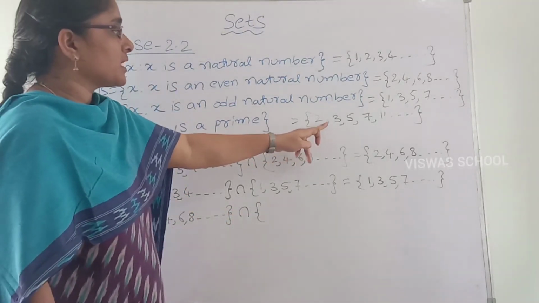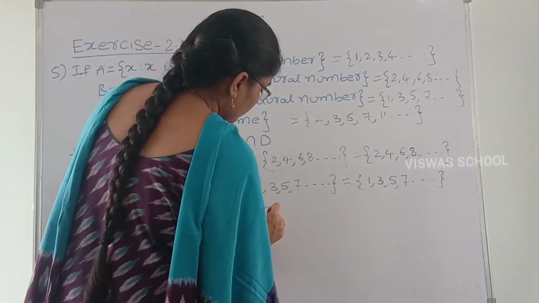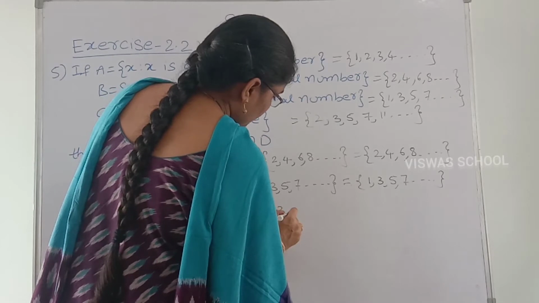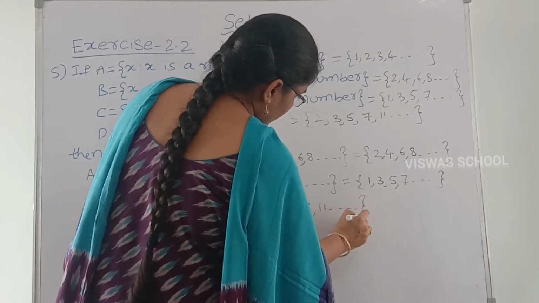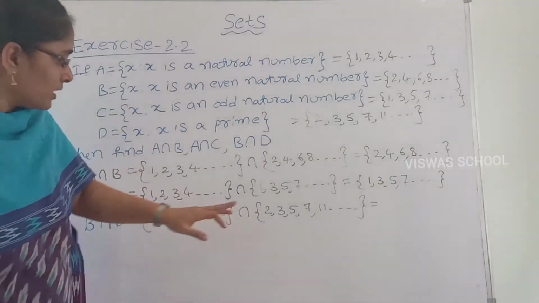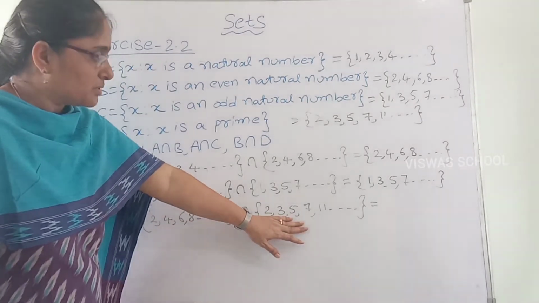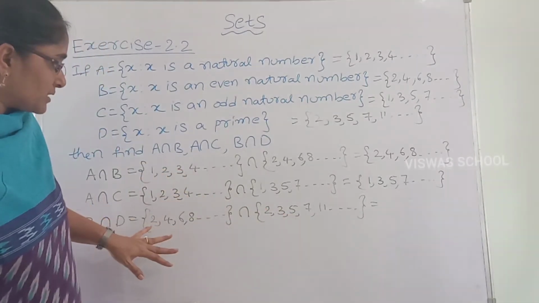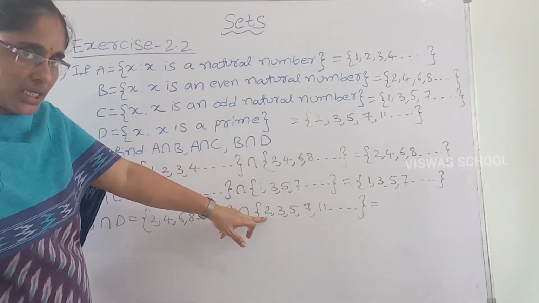Only prime numbers, that is 2, 3, 5, 7, 11, and so on. Now it is equal to what here? Once you observe these two sets, this is the even number set and this is the prime number set. In this, the common elements are only what? The even prime is only 2.